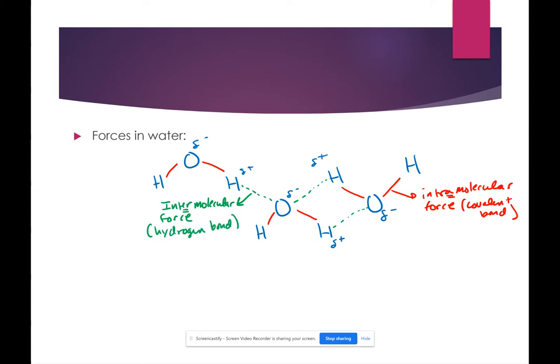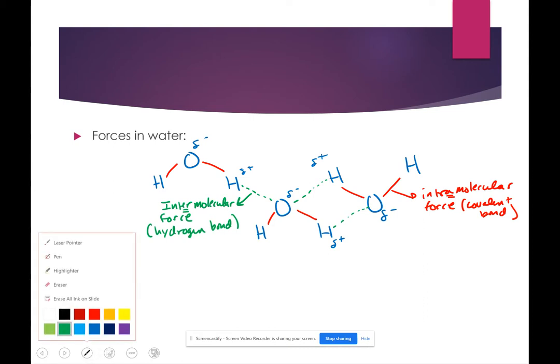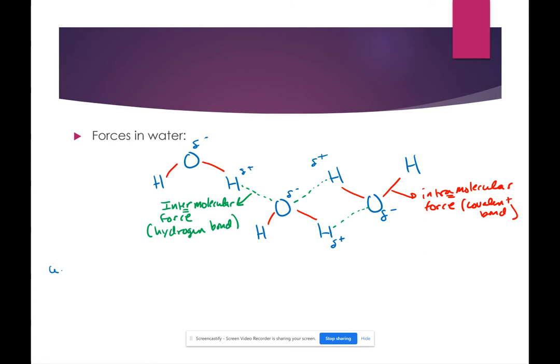So the forces holding the water molecule together itself are much stronger than the forces holding water molecule to water molecule. If I was to list the forces in order from weakest to strongest, our weakest force is called a dispersion force. And then after that is a dipole-dipole force. And then after that is hydrogen bond.